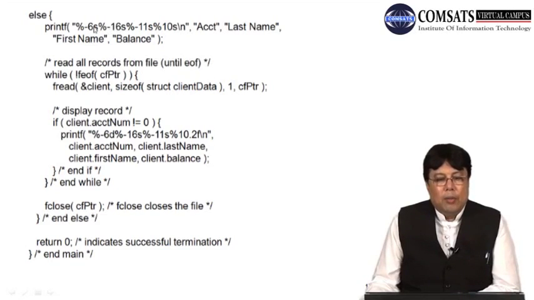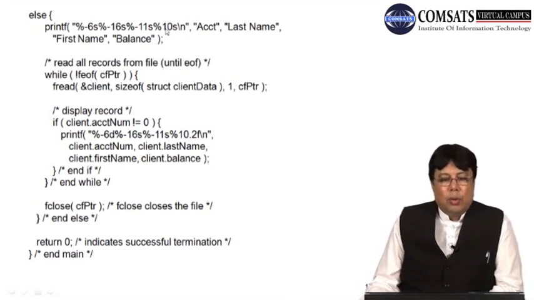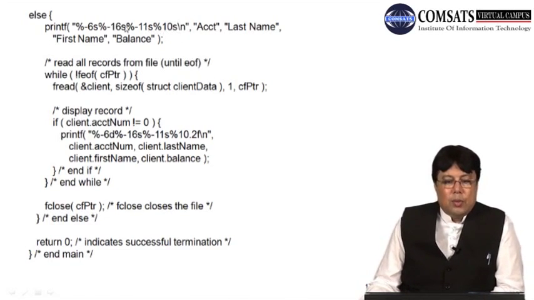So basically these are 1, 2, 3, 4 arguments, and this is the fourth argument, the 10s for this one. So 1, 2, 3 and 4. These four arguments are the title: account, and so on.